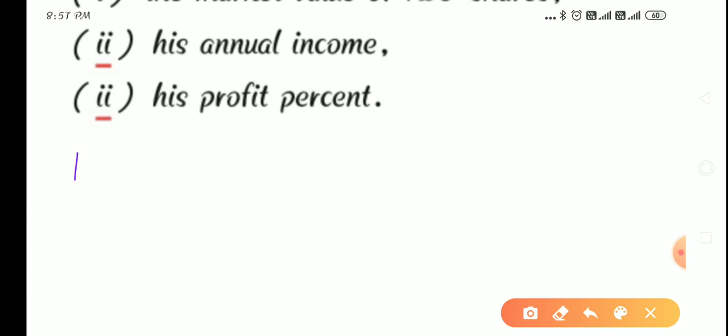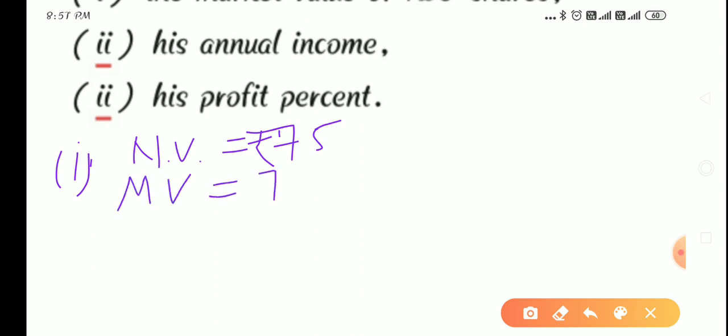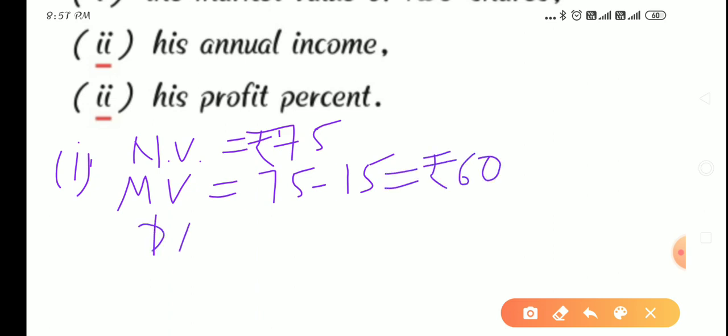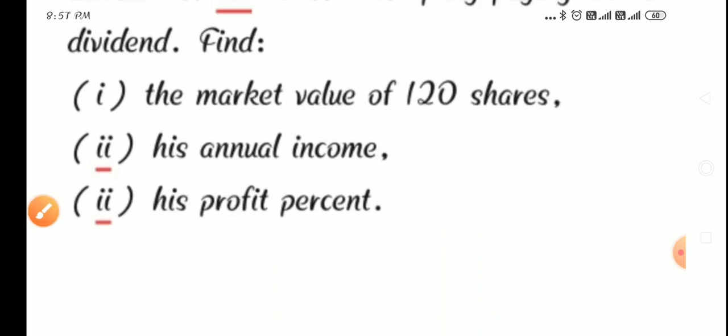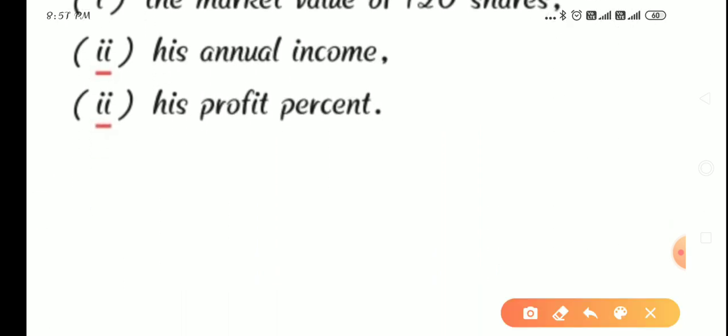So first part, what is given in the question? NV is given, 75 rupees. MV, I told you, 75 minus 15 because the share is at a discount, rupees 60. Dividend percent 20% is given. So you have to calculate the market value of 120 shares.